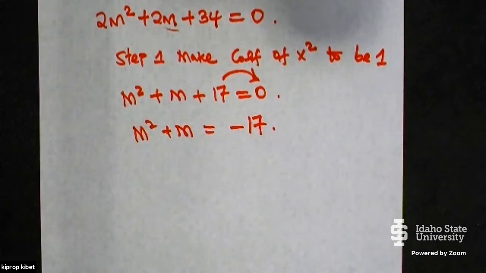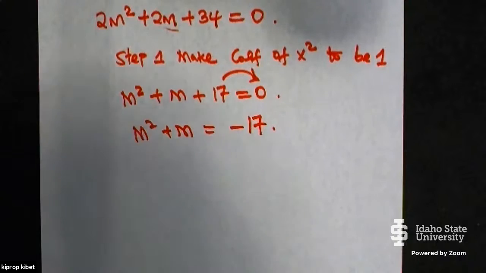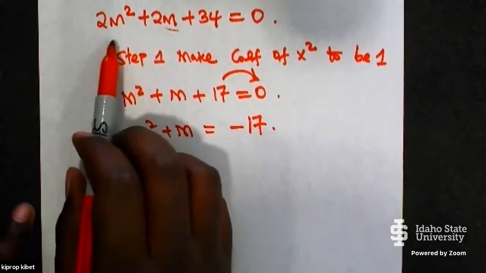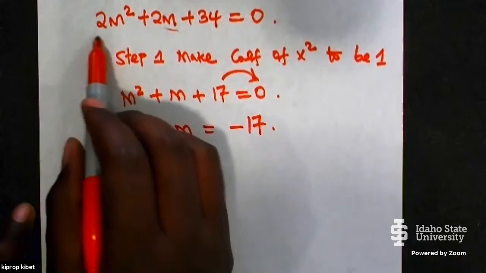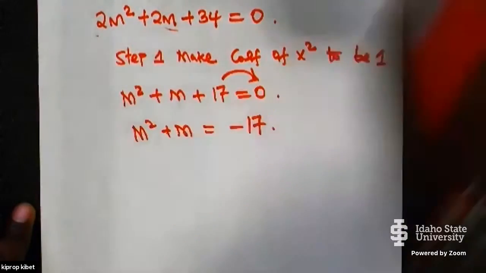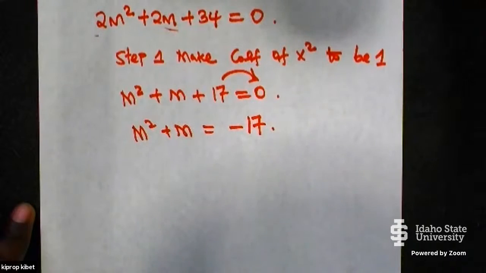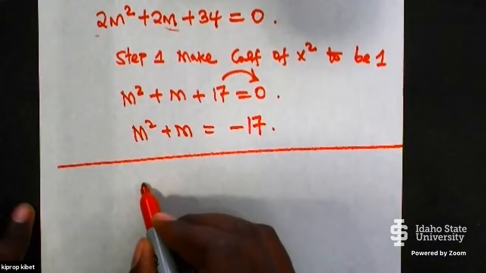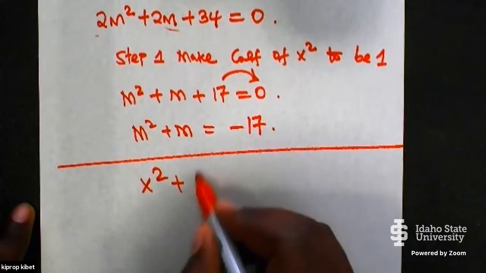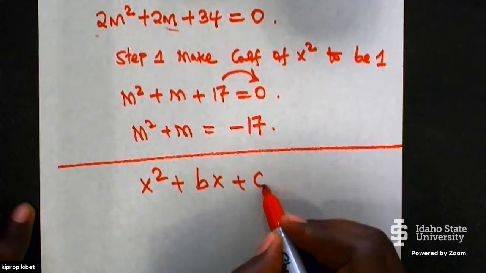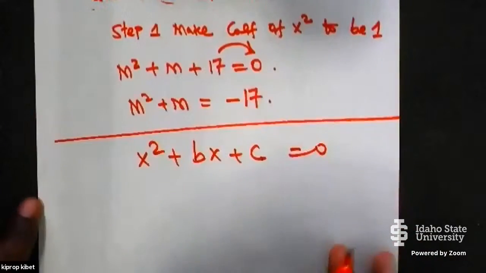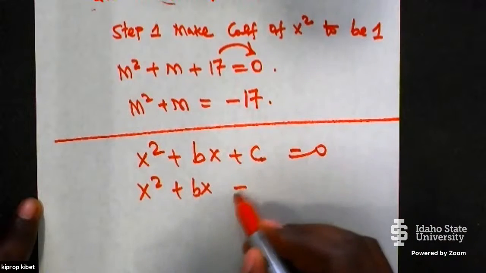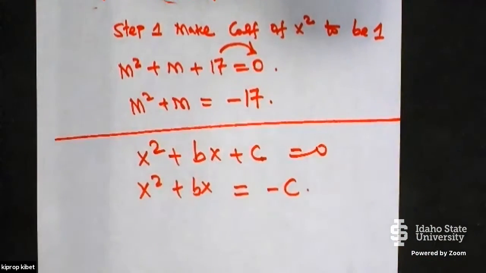So our next step is, let's say we have x squared plus bx plus c equals 0, where x squared plus bx, then you take the constant, equals minus c to the other side.